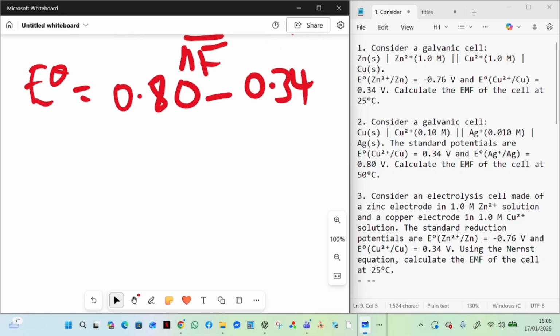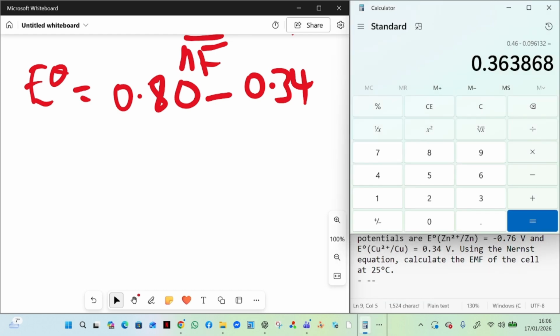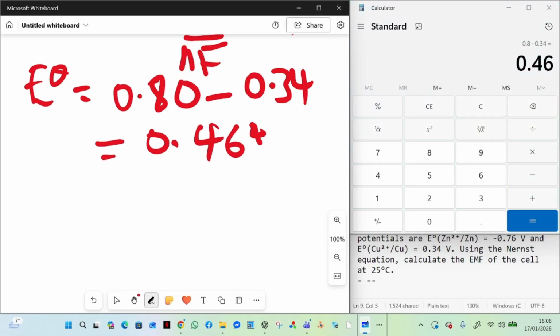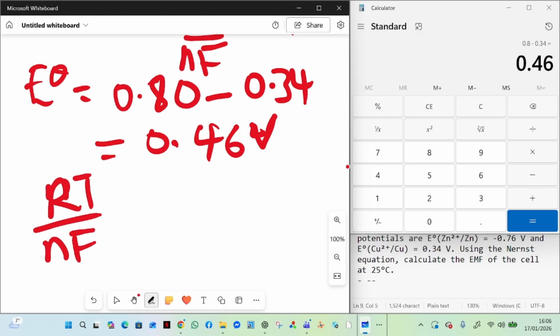So that gives us 0.80 minus 0.34, which is 0.46 volts.